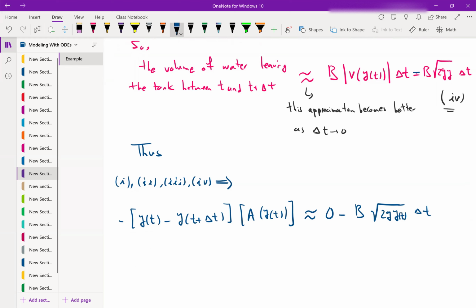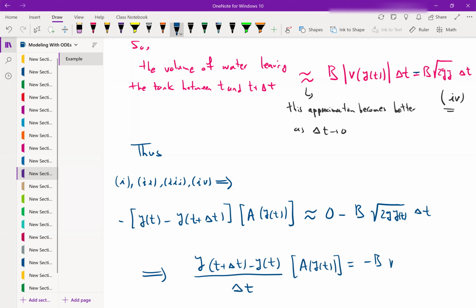Now I'm going to divide both sides by delta t. So what I will get is y of t plus delta t, I multiply the negative sign with the bracket, minus y of t, divided by delta t times A of y of t is equal to negative B square root of 2gy of t.